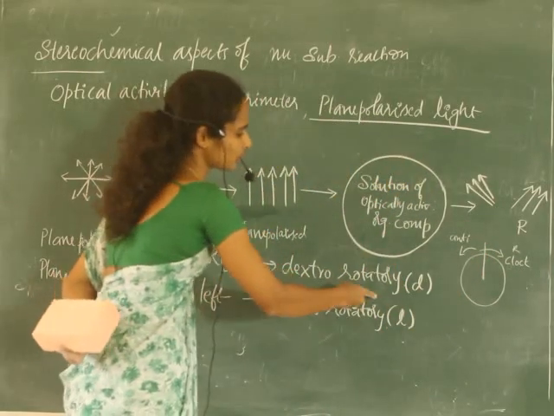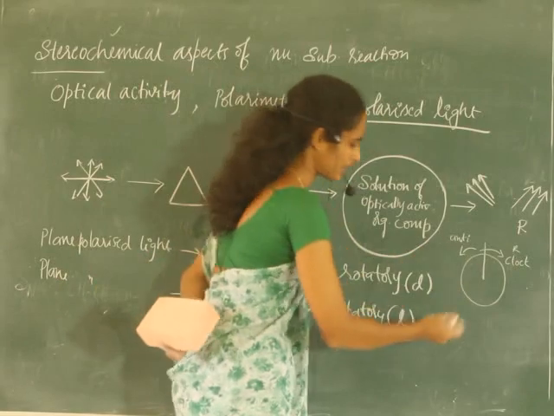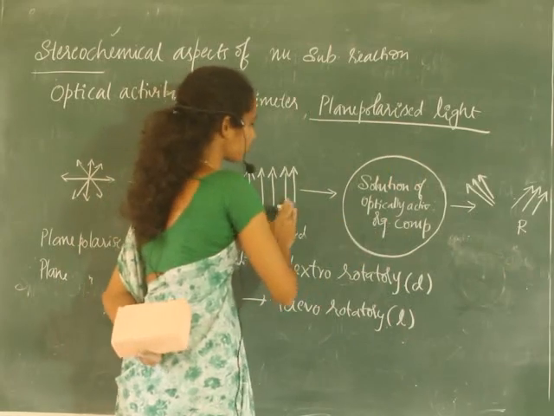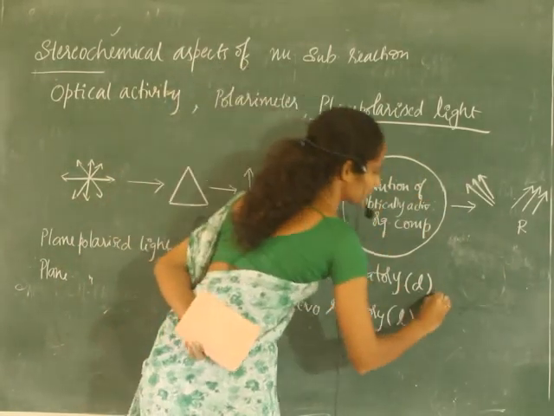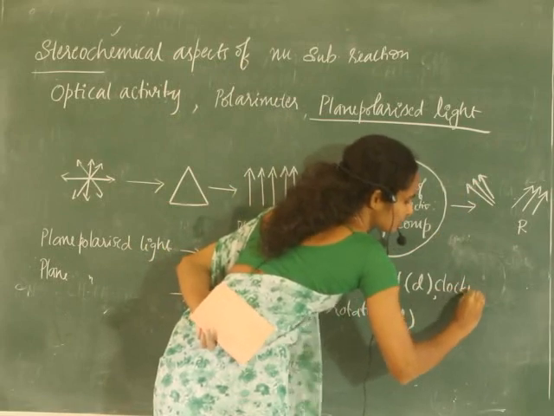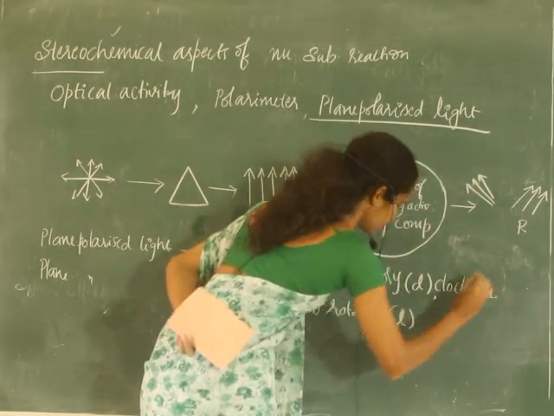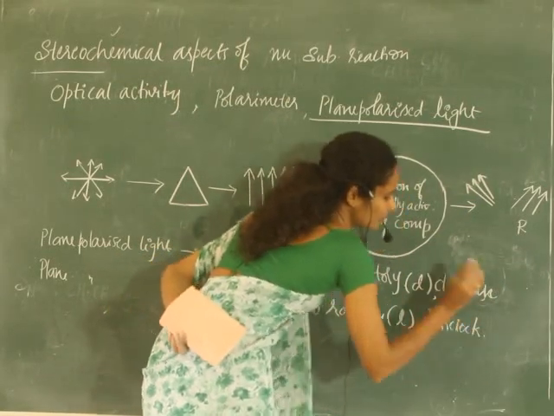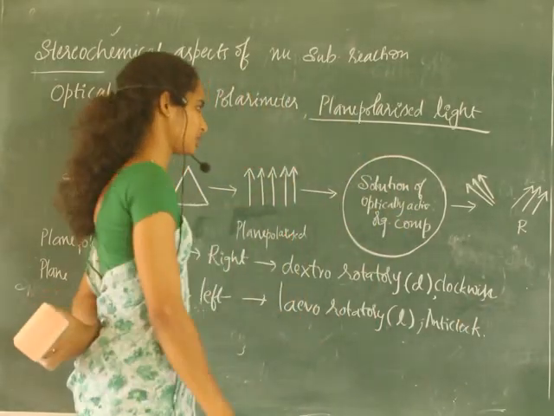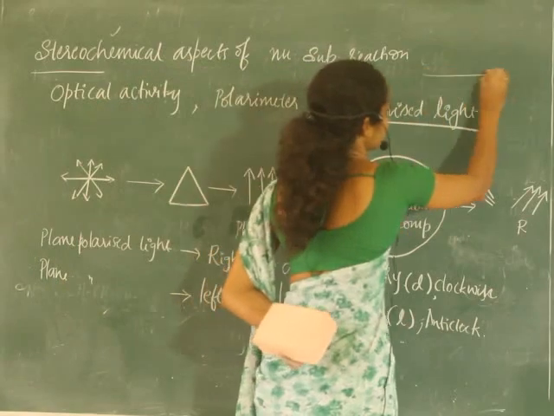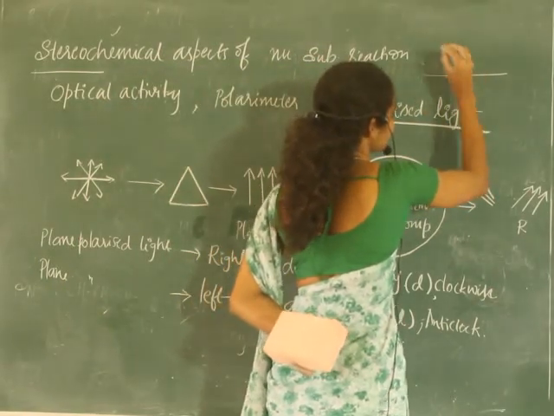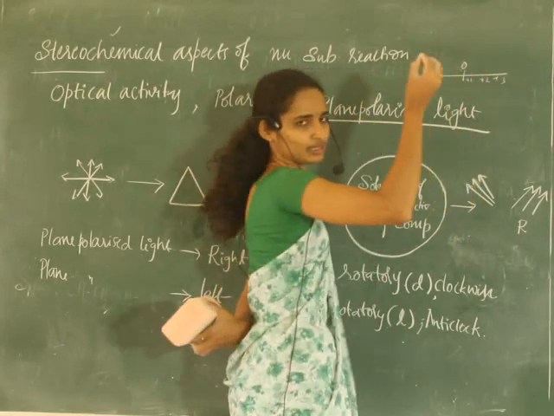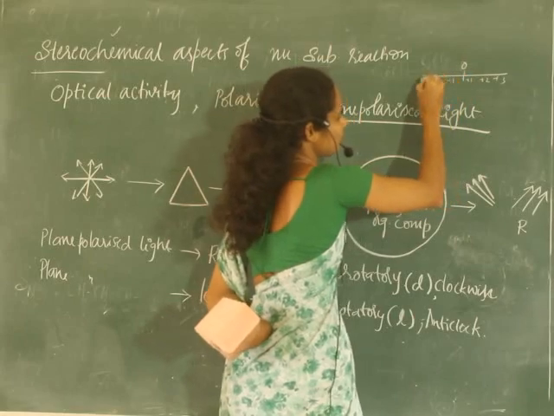Hence dextrorotatory is also called clockwise rotation, and levorotatory is anti-clockwise. Or take a normal scale: here it is 0, the right side is +1, +2, +3, and the left side is -1, -2, -3.